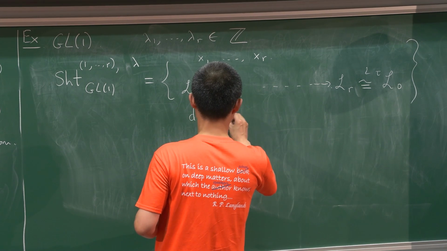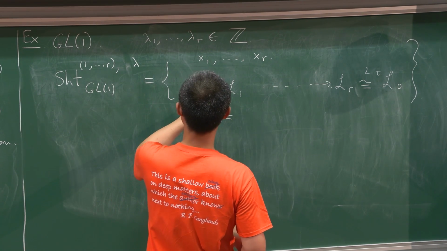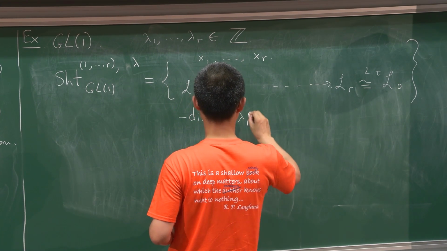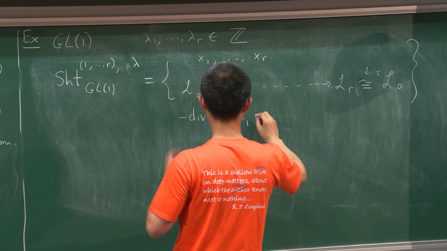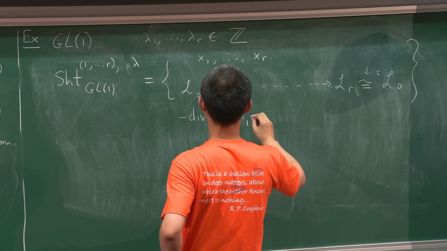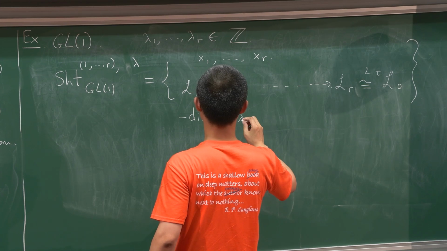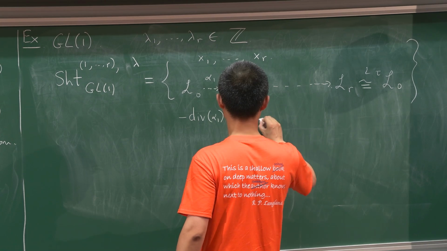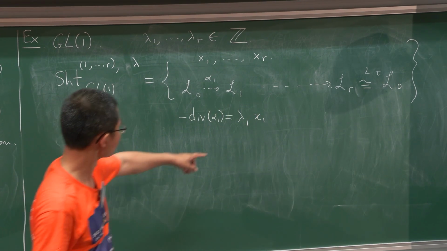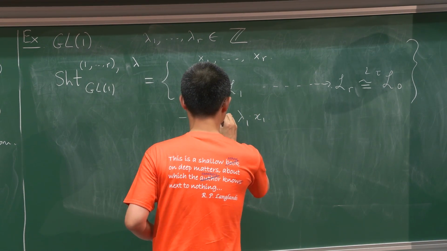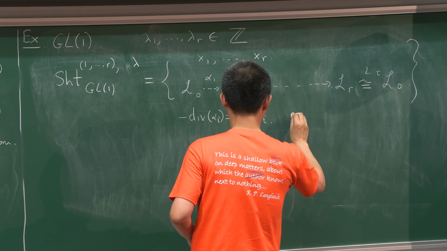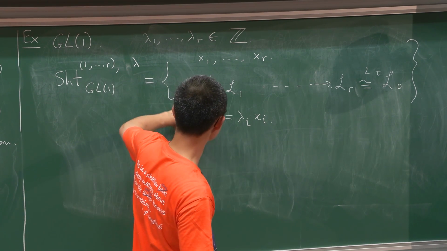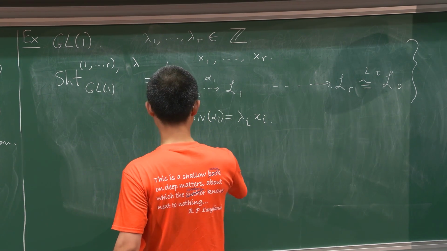Here, the divisor of alpha 1 should be, maybe the negative of it, up to sign, should be lambda 1 times x1, etc. Well, this is extremely concrete because we are working with line bundles.